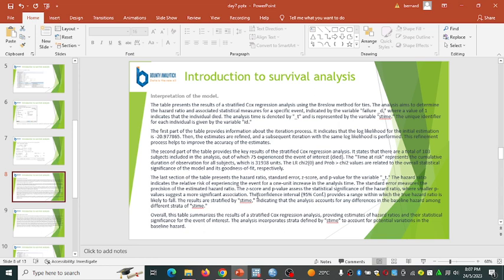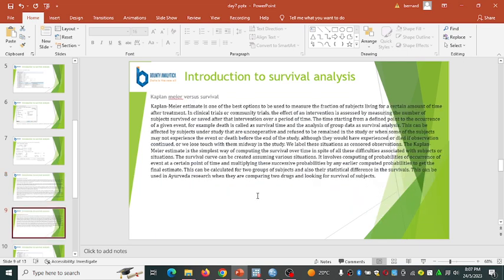So the analysis incorporates strata defined by the survival time to account for potential variation in the baseline hazard. So yeah. The other part is on the Kaplan-Meier estimate.